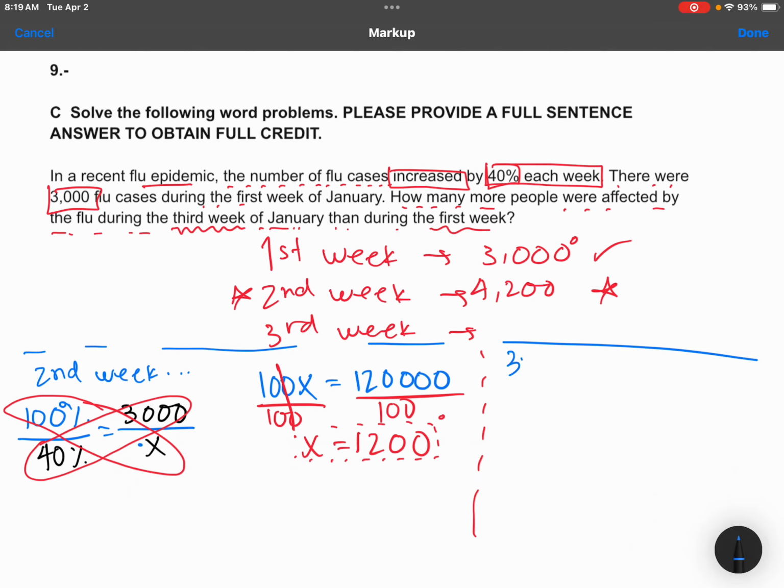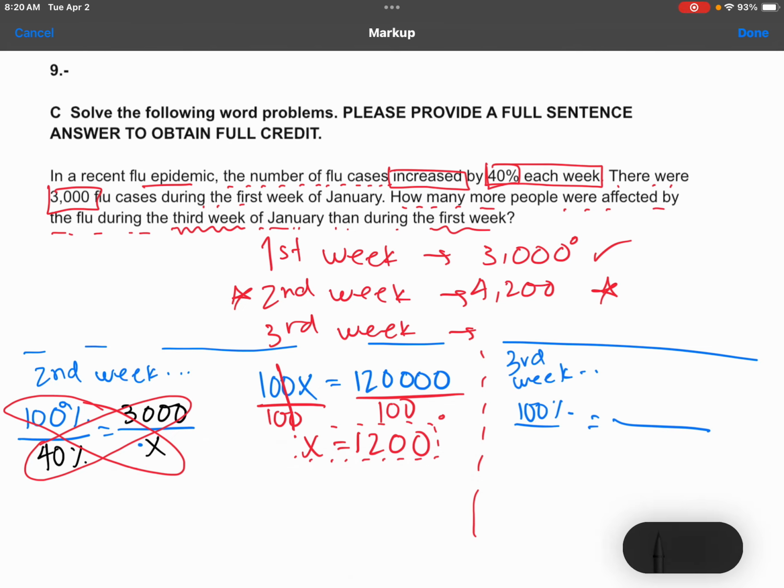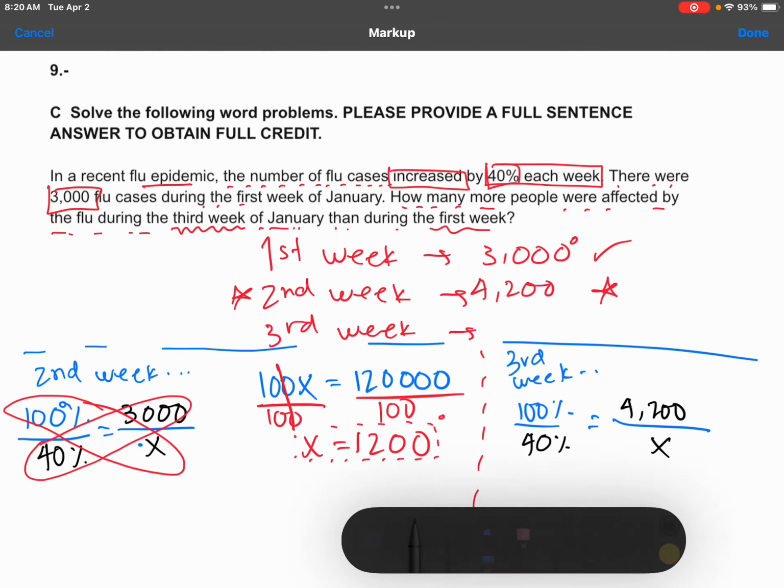Okay, third week. I do the equation again. 100% is now equal to, I don't know, we're trying to figure it out. My 100% is now 4,200, because the amount of people increased by the second week. 40% of that, we don't know how much that is. Let's figure it out.